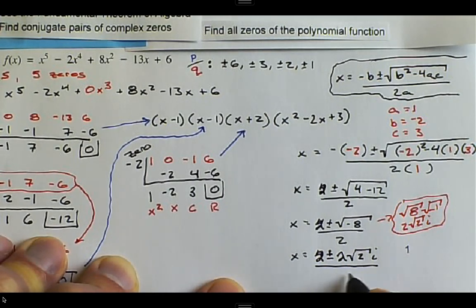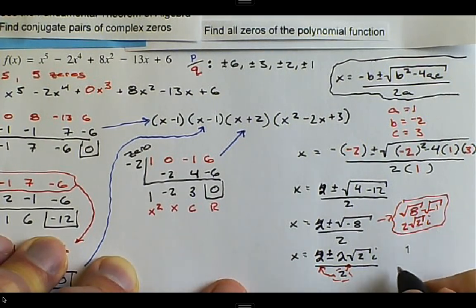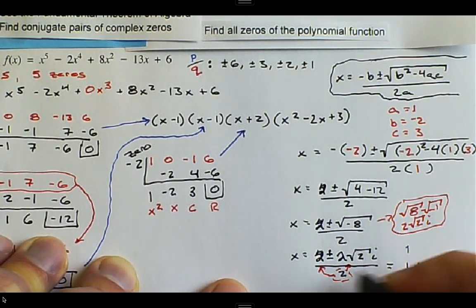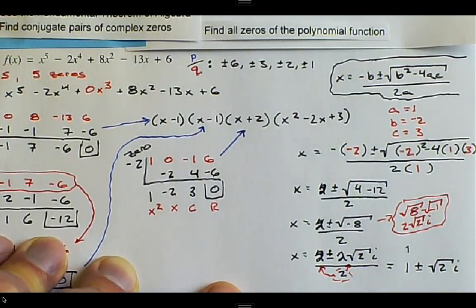And this is all divided by 2. Now we can take this 2 and distribute it to both our terms in the numerator. And that'll help us simplify it a little bit further. So 2 divided by 2 is 1. Plus or minus 2 divided by 2 is 1, so we'll leave that off, and then square root of 2 i.